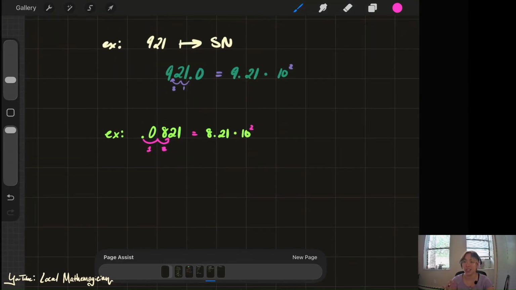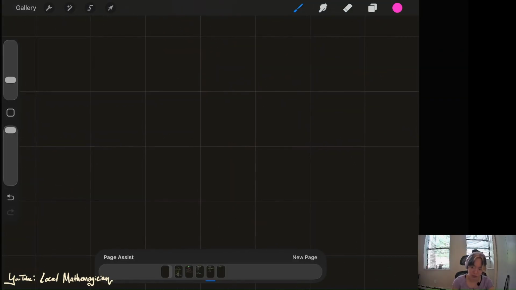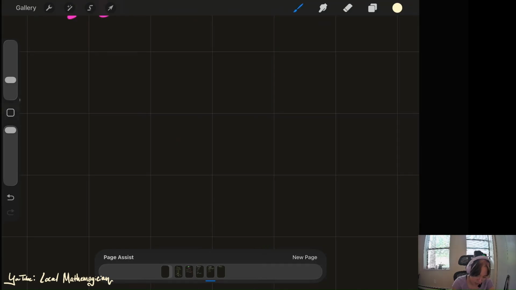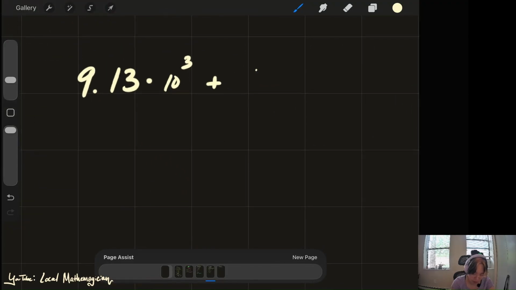Oh, but Amanda, how do you add sino? There's a lot of weird ways to do it. I believe in factoring. This is a factoring-friendly home. So let's do an example. Say we want to add 9.13 times 10 to the third plus 1.6 times 10 to the negative 1.